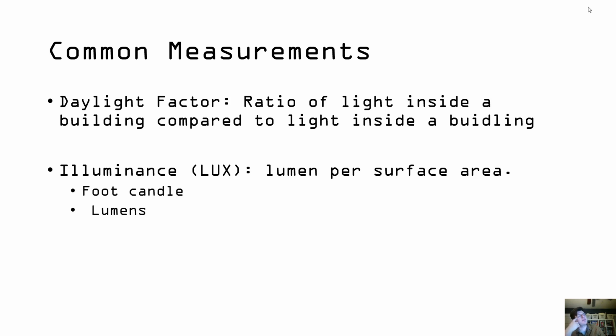So it's really advancing. And then we have illuminance, which is lumens per surface area, commonly measured in foot-candles or lux. This illuminance is the standard go-to really of how to measure the effectiveness of daylight in a space.